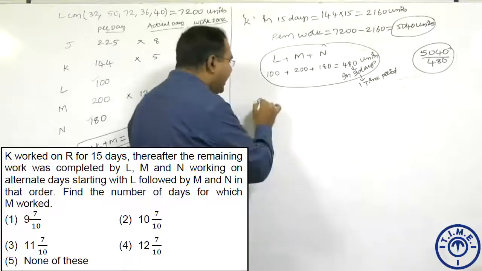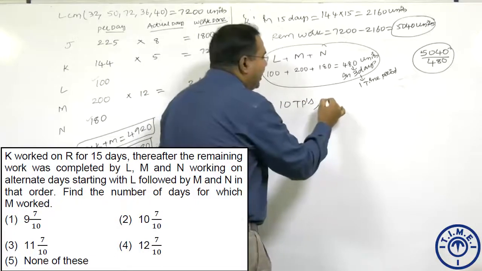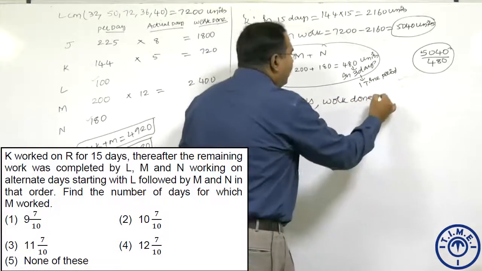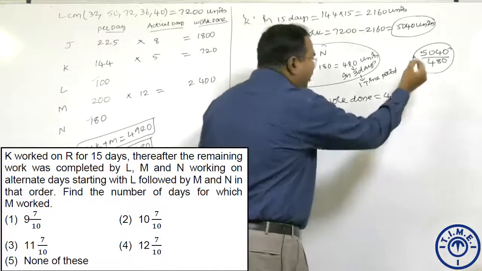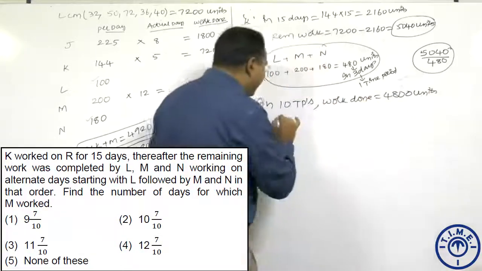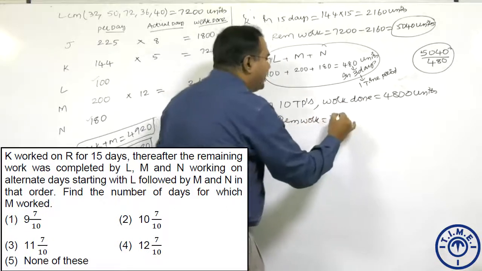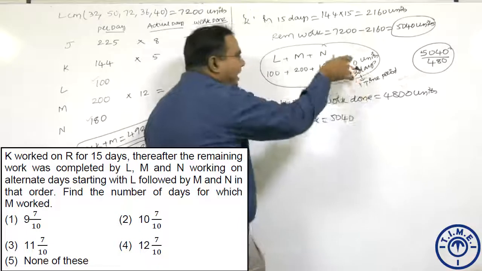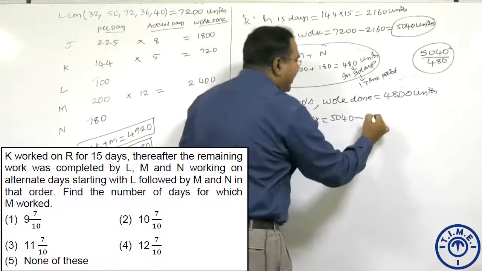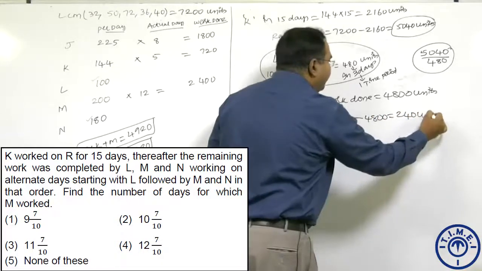So in 10 time periods, how much work is done? 480 into 10, 4,800 units. Total work they have to do is 5040, so in 10 time periods, that means in 30 days, they have done 4,800. So remaining work is 240 units.